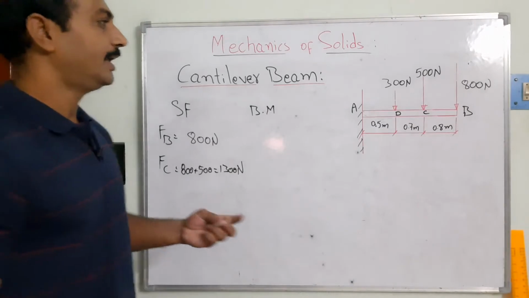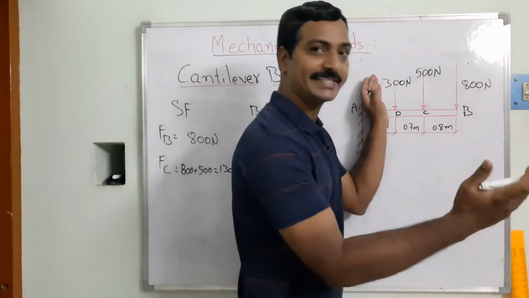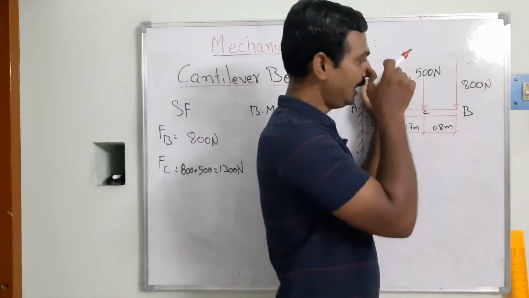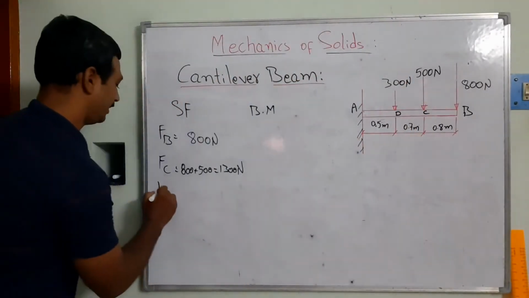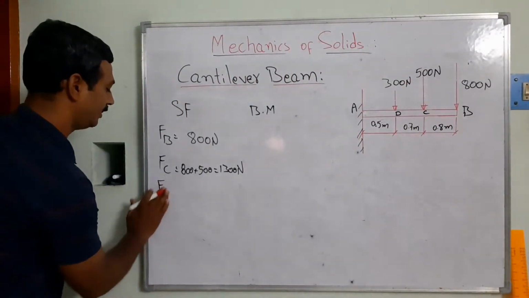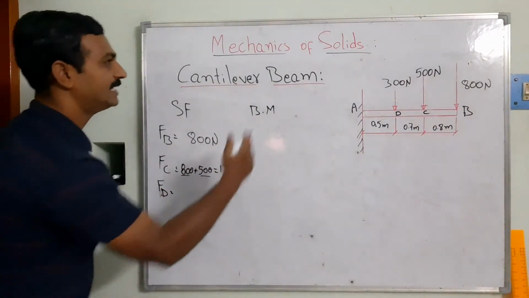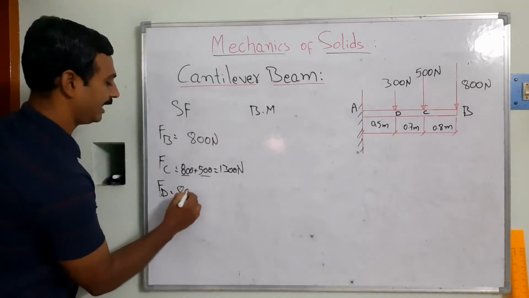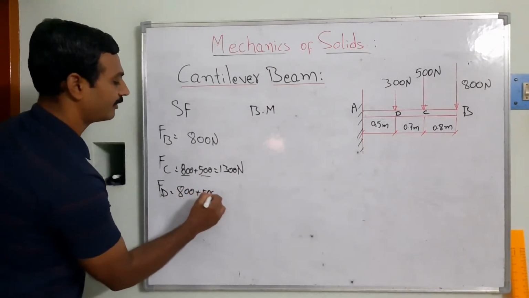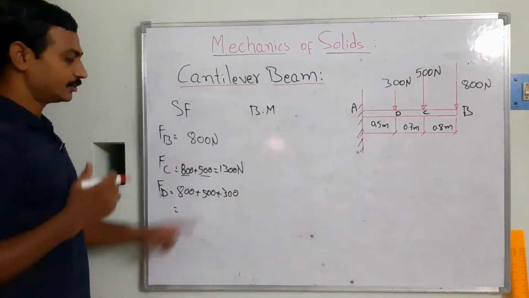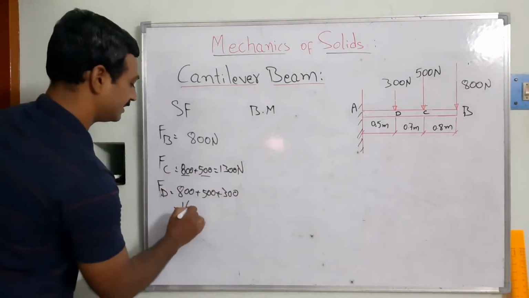Clear? And similarly at point D, on the right side portion of the beam, three forces we do have. So FD is equal to 800 plus 500 plus 300, that's going to be 1600 newtons.